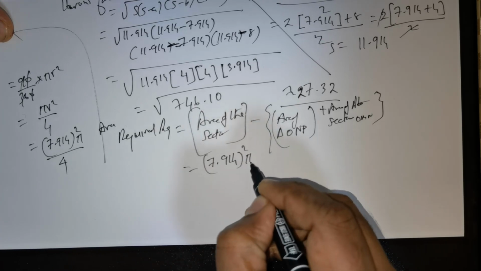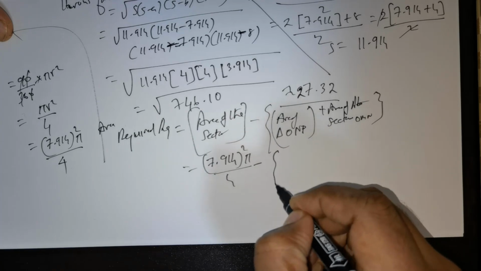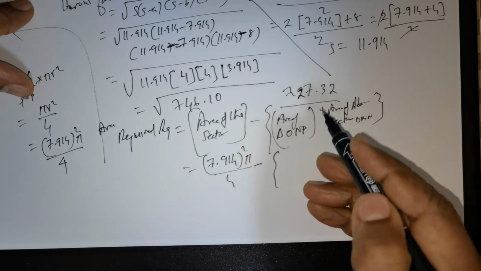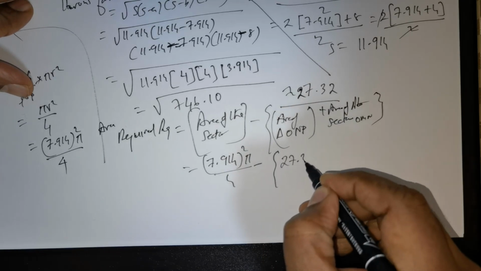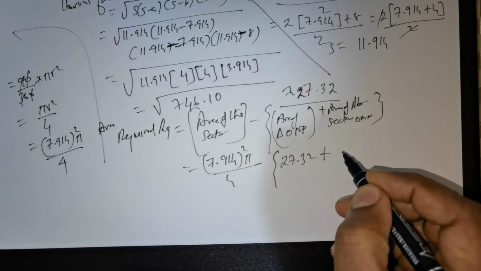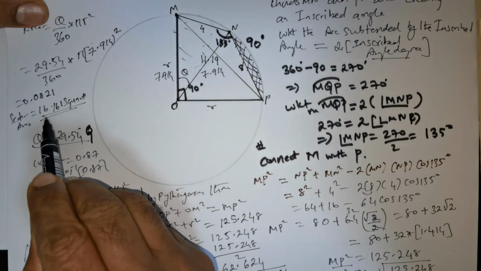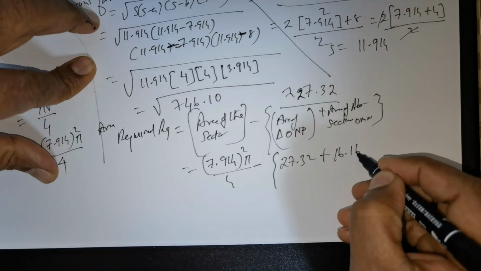7.914 squared times pi divided by 4 minus area of the triangle, that's going to be 27.32, plus area of the sector. Area of the sector is 16.161.